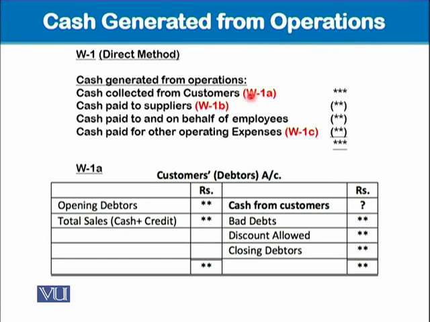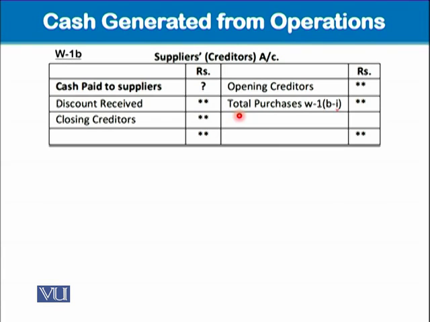Next working is about cash paid to suppliers. Remember, that will be a payment in this working for calculating cash generated from operations. I will repeat that it is not a creditor's account, but it is prepared in a way as if we are preparing a creditor's account. Why?